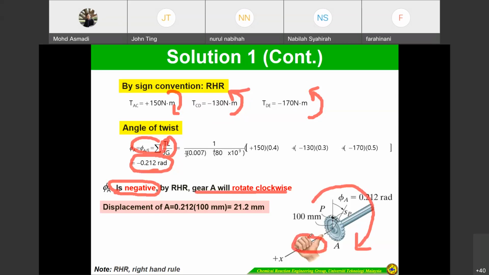So it's inward. So that we get the answer for the final, because it's negative, definitely it is clockwise. I can say it is clockwise.